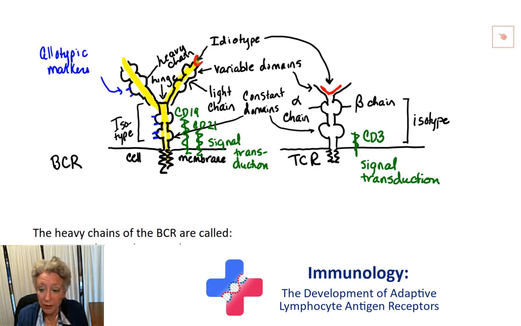The BCR on the left and the TCR on the right are both basically shaped like a Y, the difference being their composition, that my B cell receptor is made up of two identical long chains and two identical shorter chains, and we refer to those respectively as heavy and light, referring to their molecular weight. The heavy chain has more amino acids in it, the light chain has relatively fewer.